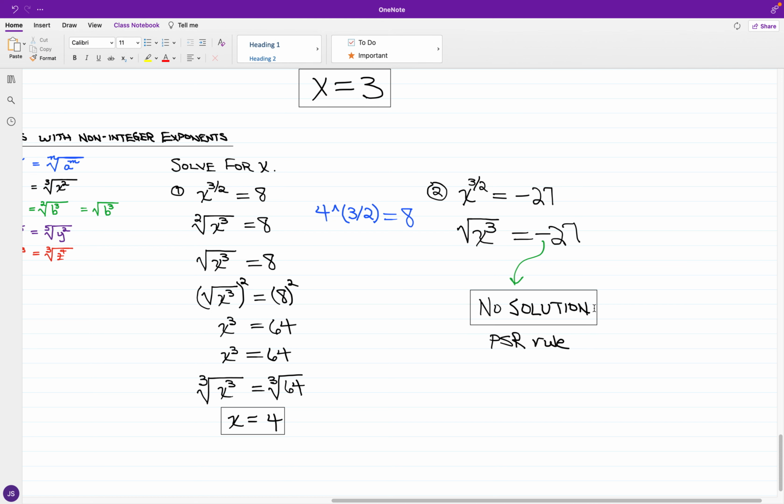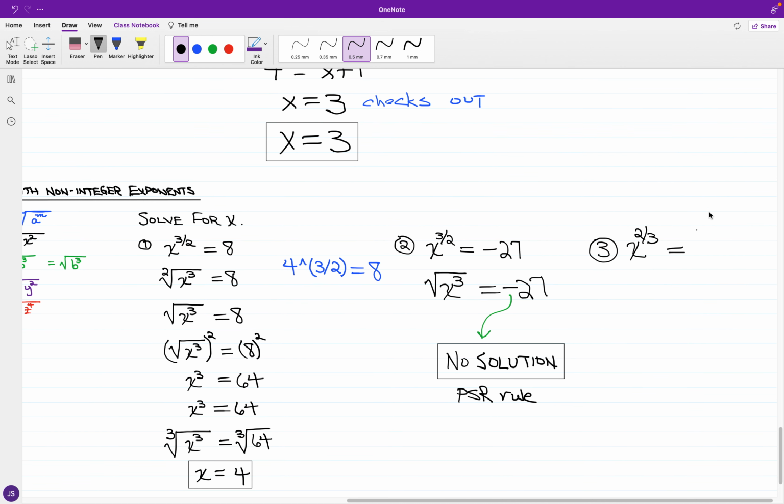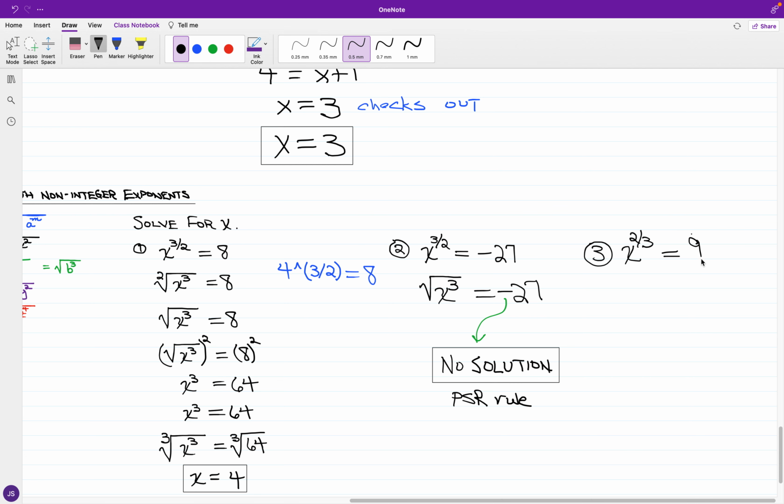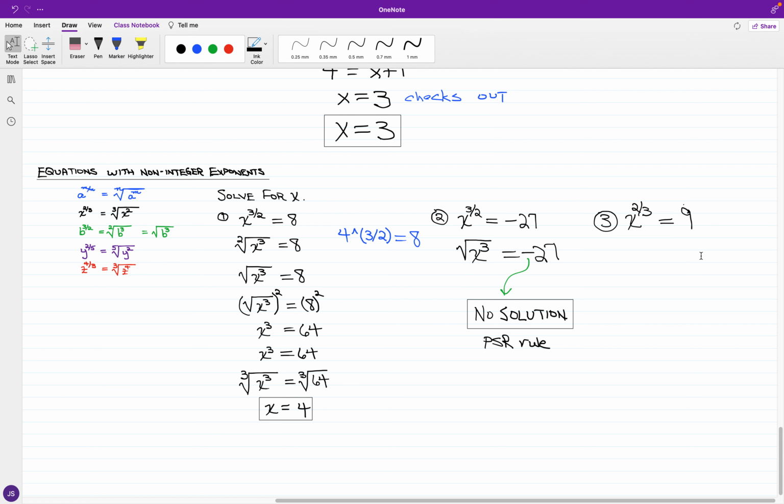And one more case of what we have with non-integer exponents. If I have, say, x to the 2/3 equal to 9.